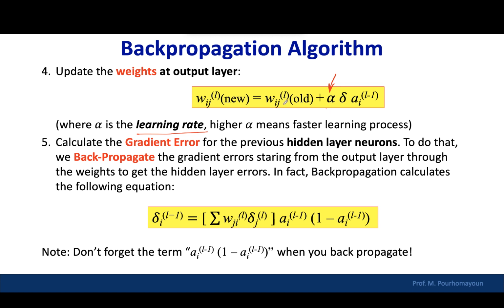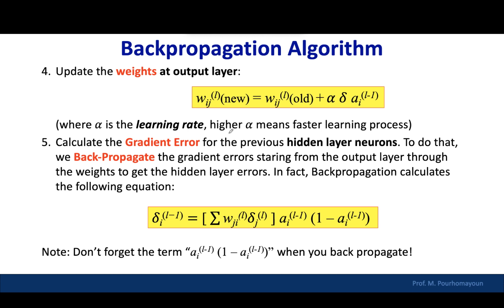So this is your old weight, this is the new weight, and this is the size of a step, one step that you take to update your weight. And this is the step size, and this is a factor that adjusts your step size. So we had this before, okay? So these are the main ideas. It is the same thing, just backpropagation is a systematic way to implement those techniques.